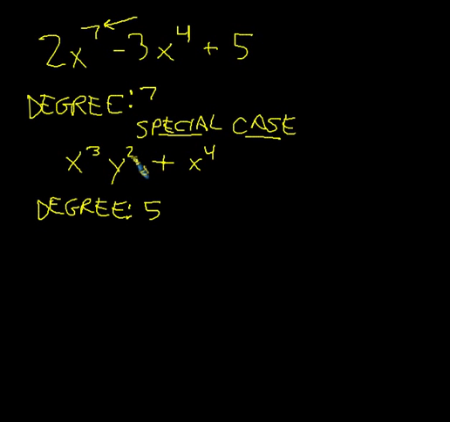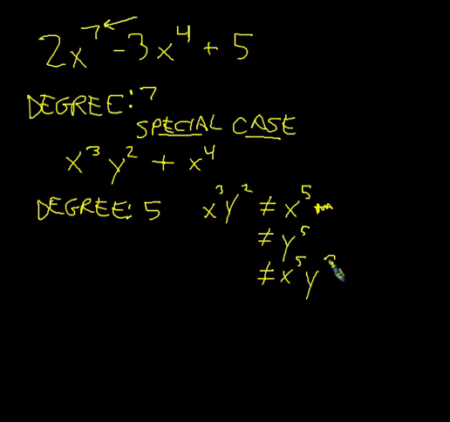Now that's weird, because normally we don't combine these exponents when we multiply. For instance, x cubed times y squared does not equal x to the fifth, and it certainly does not equal y to the fifth, and it does not equal x to the fifth, y to the fifth. So please, don't confuse this with any of these.